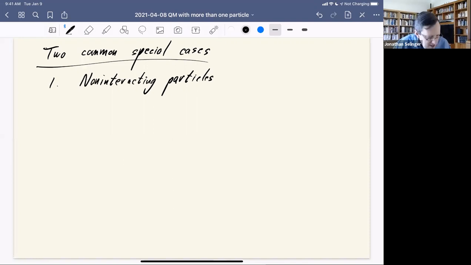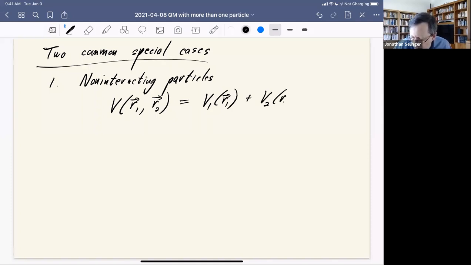Non-interacting particles means that the potential energy as a function of R1 and R2 is equal to some function of R1 plus some function of R2. Might be the same function or different functions. So what that means is that each particle interacts with an external potential, but not with each other.